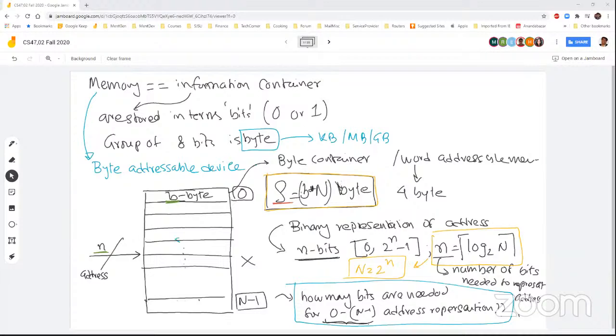The other way, let's say the problem gives you the size and an address, and asks you to compute the addressability. That means practically you need to compute B, how much each container contains. So you apply this relation and come up with the answer. Make sense?